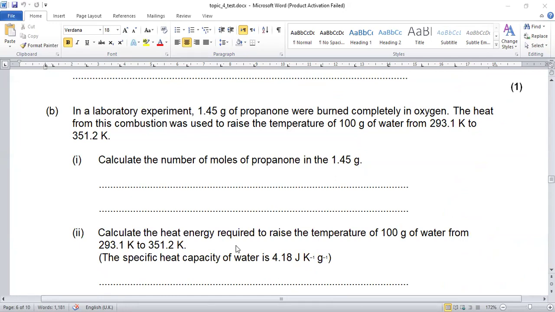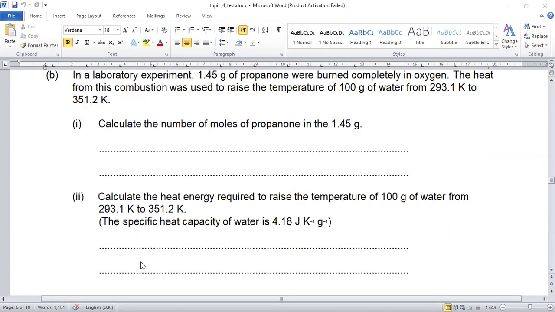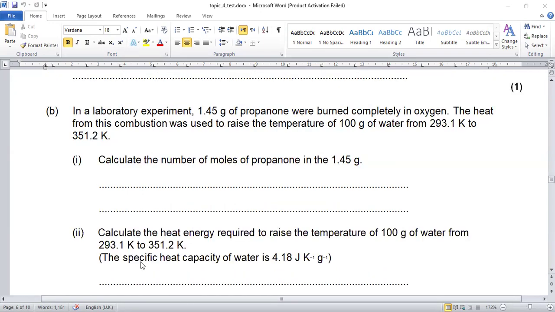Calculate the heat energy required to raise the temperature of 100 gram water from this to that. The specific heat capacity for water is 4.18. What calculation will we make? Wait, I'll do it now.